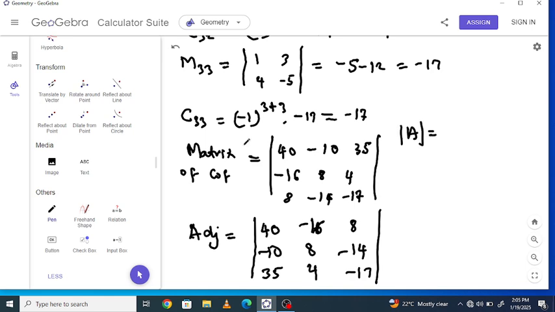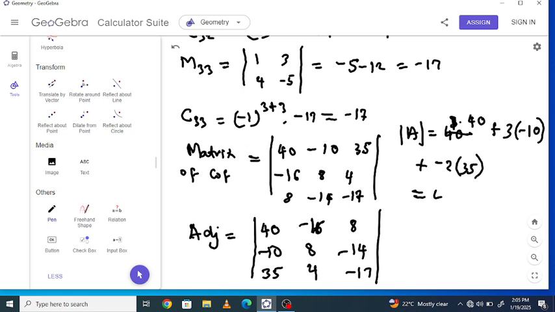Our determinant will be, beginning with the first row, 3 times its cofactor of 40, no, our value here was 1. We have 1 times cofactor 40, plus 3 times the cofactor, which is negative 10, plus negative 2 times its cofactor, which is 35.